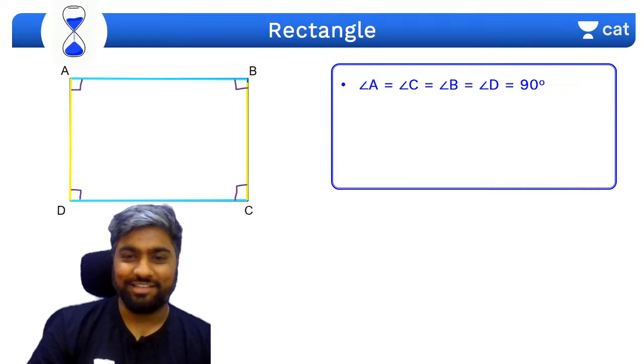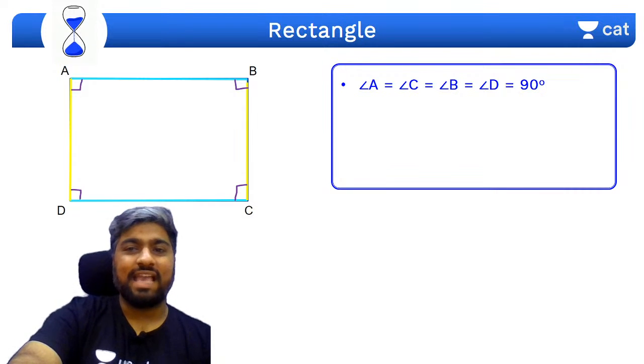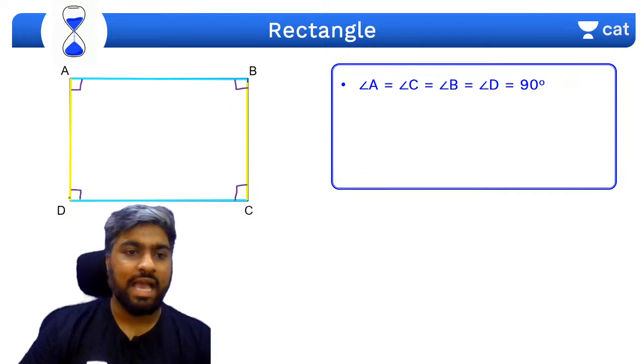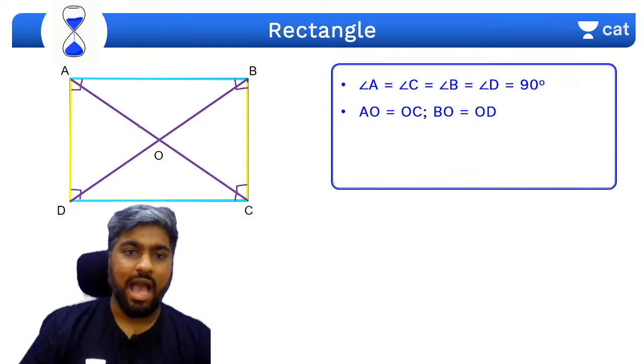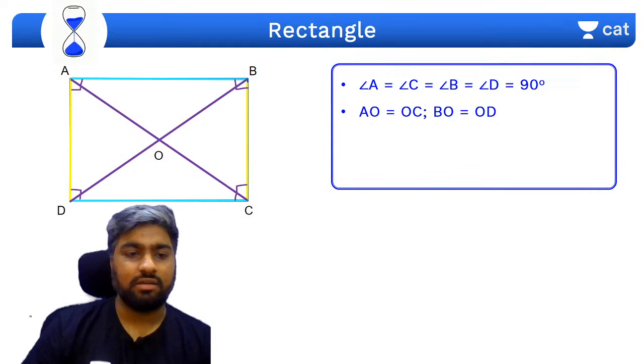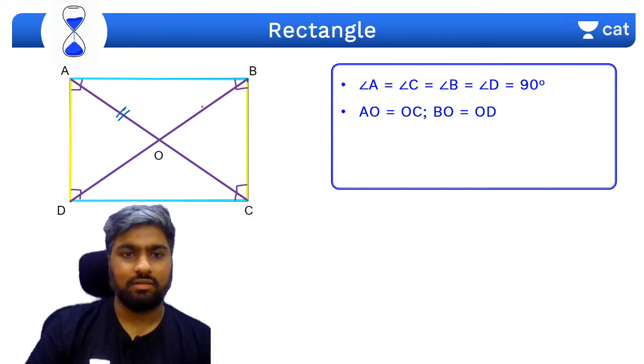Okay. So here the angles are 90. Opposing angles are normally equal, but here all angles will be equal. And again, we have the diagonals. Diagonals bisect each other, something we know.